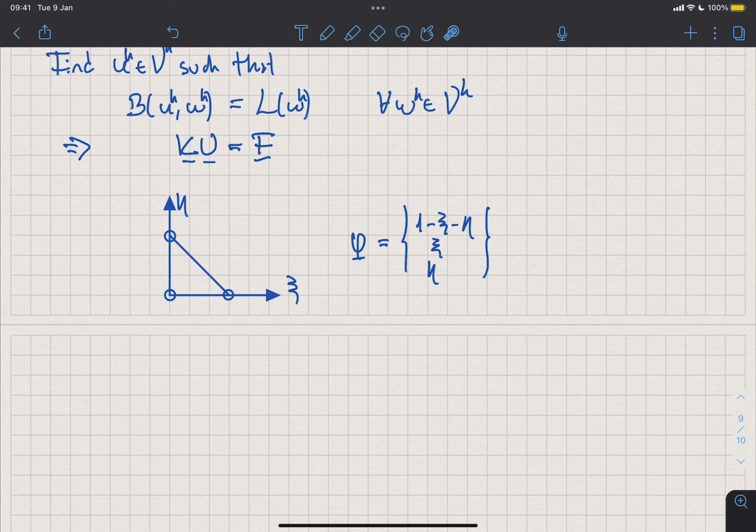That basically shows you a linear function that has a unit value at this node, and goes to 0 at this node and at this node. Now you can follow the same procedure with this guy here. The second shape function, when psi is equal to 1, this function is going to be equal to 1 here and 0 there. And the same with the last one. So these are defined in your master element coordinate space.